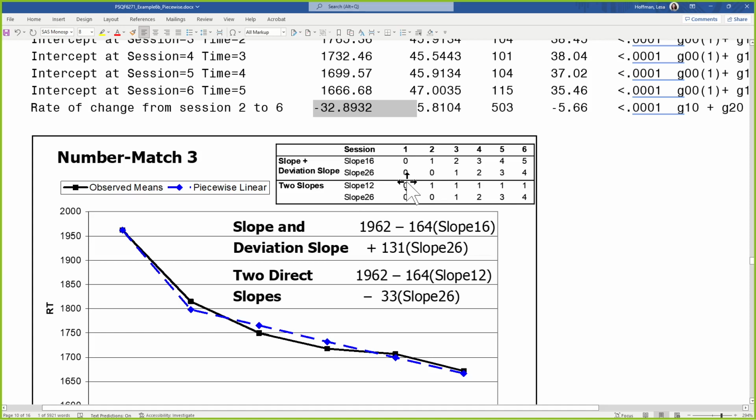Because slope 2.6 is constant at 0 during that part. But without the corresponding random slope for the second one, then time by itself is just a random linear time model like we had last week. Great, thank you. Other questions?